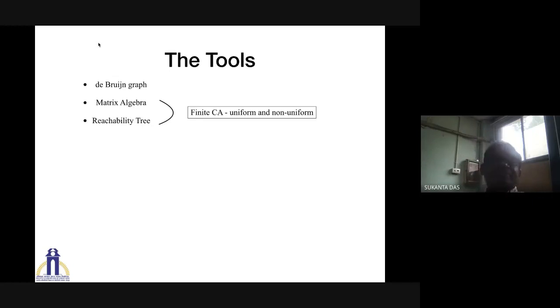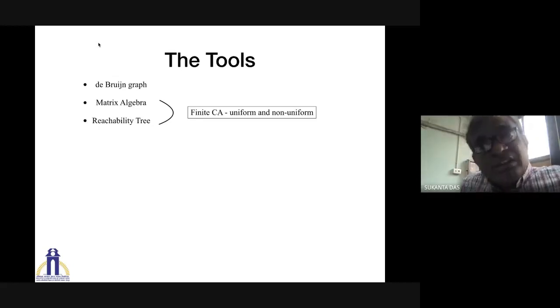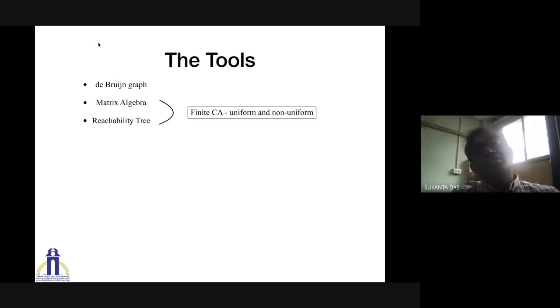But particularly these two tools are developed for non-uniform CA, and for finite CA. You can use the de Bruijn graph for the finite case as well as the infinite case, but matrix algebra and reachability tree assume the CA under consideration is finite.